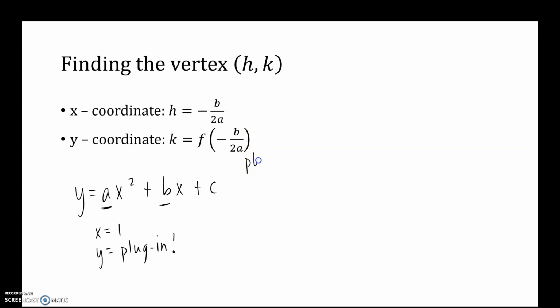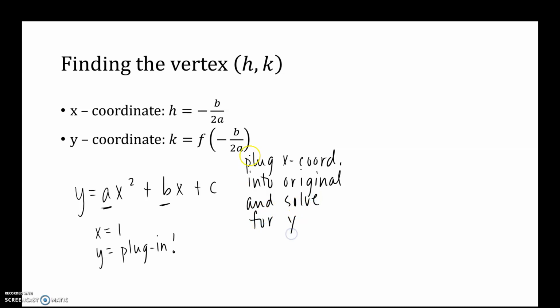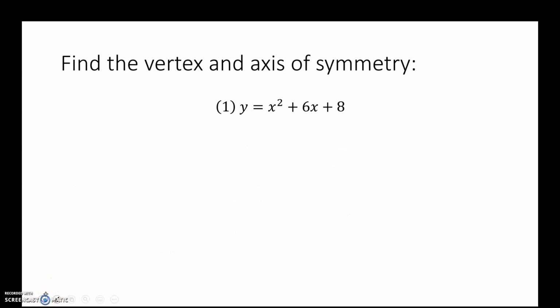That means I plug my x-coordinate into my original function and find y. Okay, that's just function notation. So that's a much simpler way than writing this out every time. So let's look at some examples.